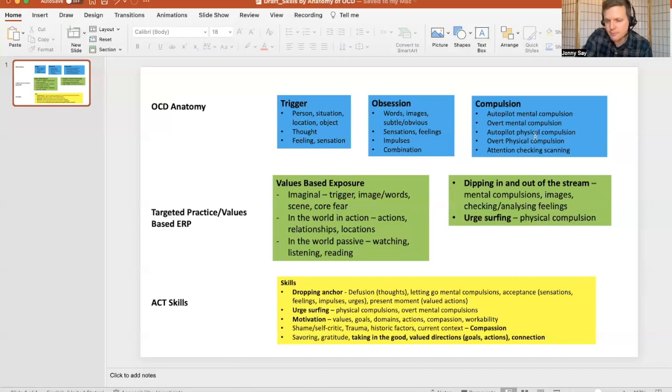In terms of the compulsions, where it's physical compulsions, we're doing more urge surfing, with lots of stuff on the channel around urge surfing, so look at that. And then for mental compulsions, dipping in and out of the stream is a practice from Russ Harris. This is one that I really like for activating mental compulsions, getting stuck in them and then letting them go, defusing, stepping back, observing, and letting go of the active compulsion, feeling what that's like, refocusing on the world around us, what we're doing, and then going back into the stream, in and out, in and out.